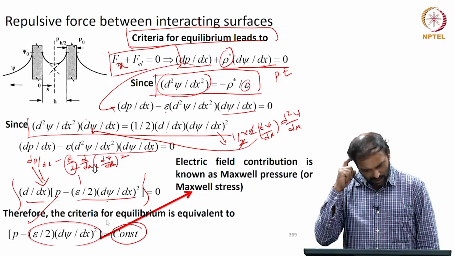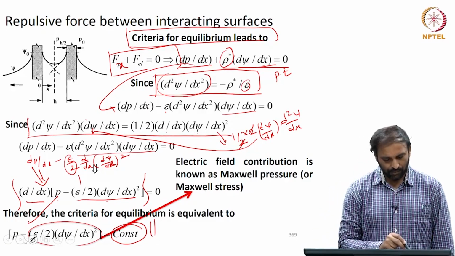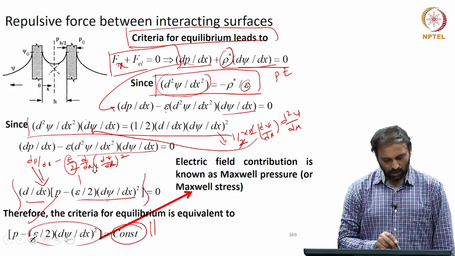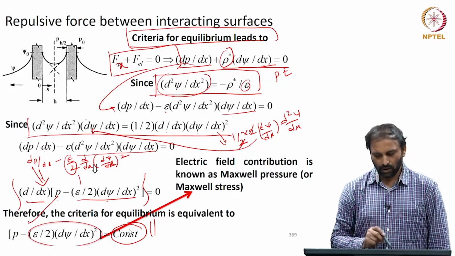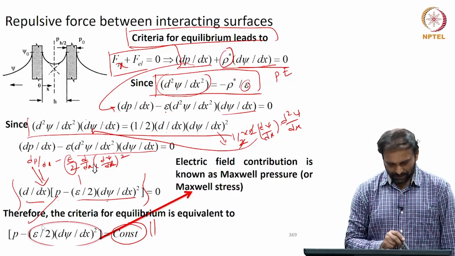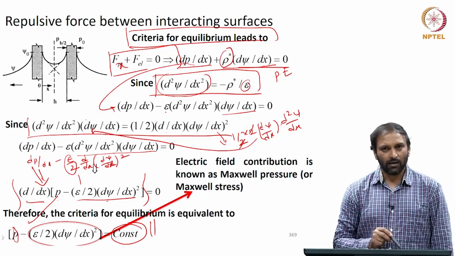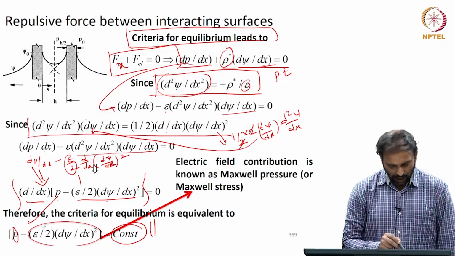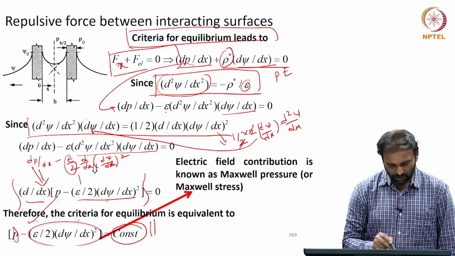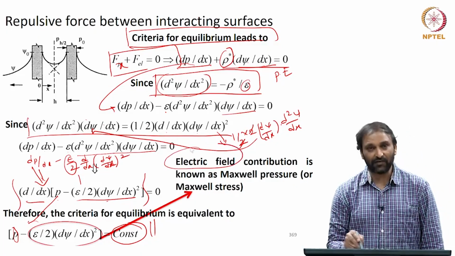Okay. And so, therefore, the criterion for equilibrium now becomes p minus epsilon by 2 d psi by dx whole square is equal to constant. And now, if you look at this expression, this is the contribution that comes from the osmotic pressure, and this is a contribution that comes from the electric field.